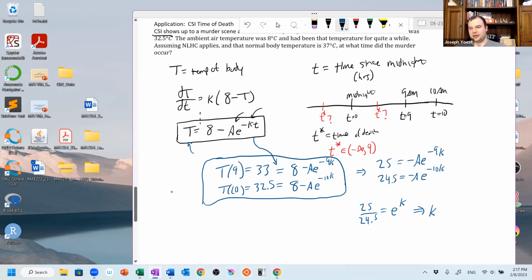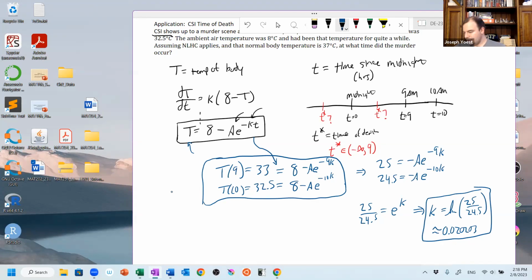So that tells me that k is log of 25 over 24.5. And this is about 0.020203. Or exactly, it is log of 25 over 24.5.